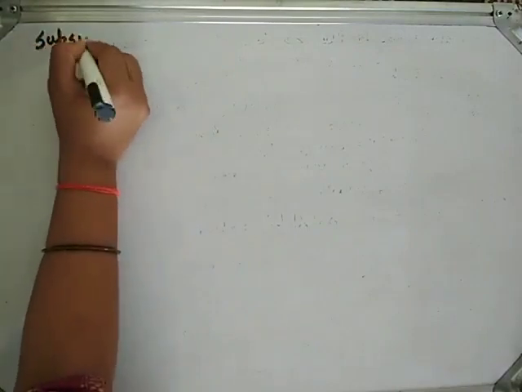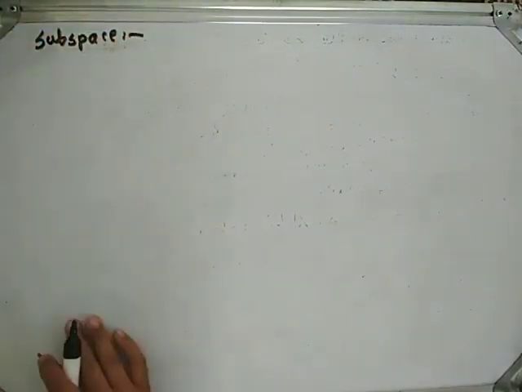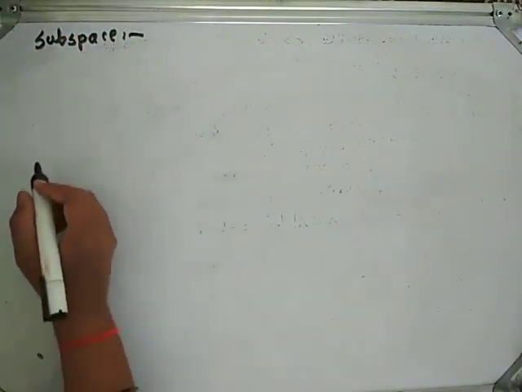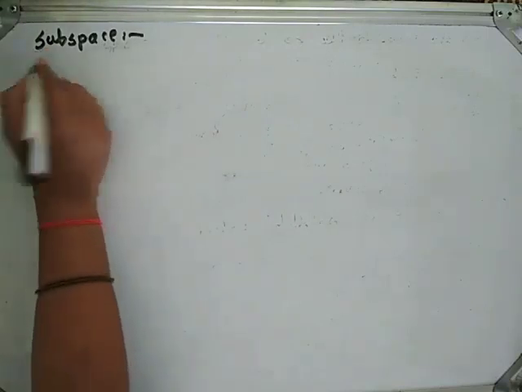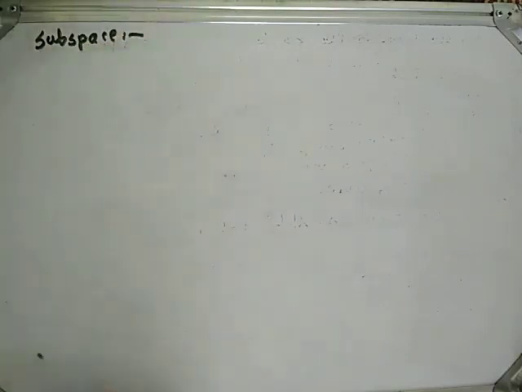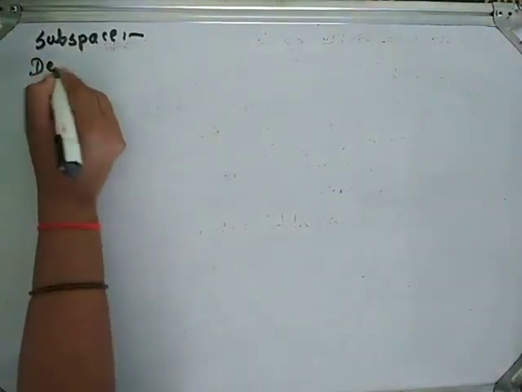Let us take the next definition. Subspace. Its definition is, actually, a subspace is nothing but any subset of a vector space that is a vector space itself. Definition 1.